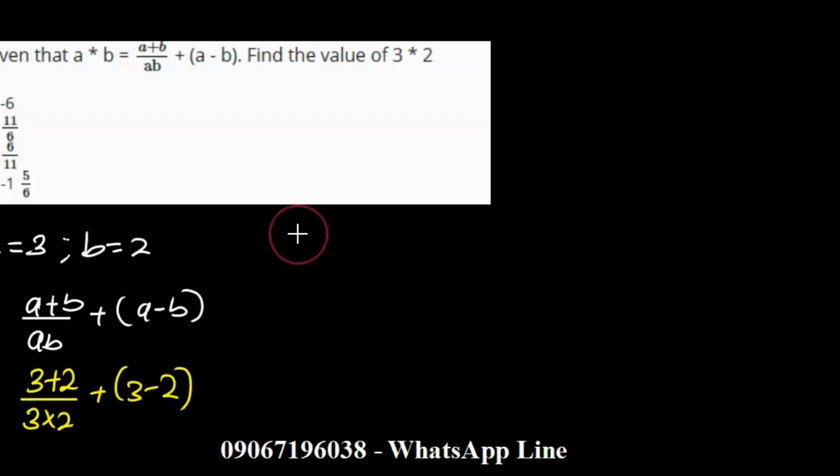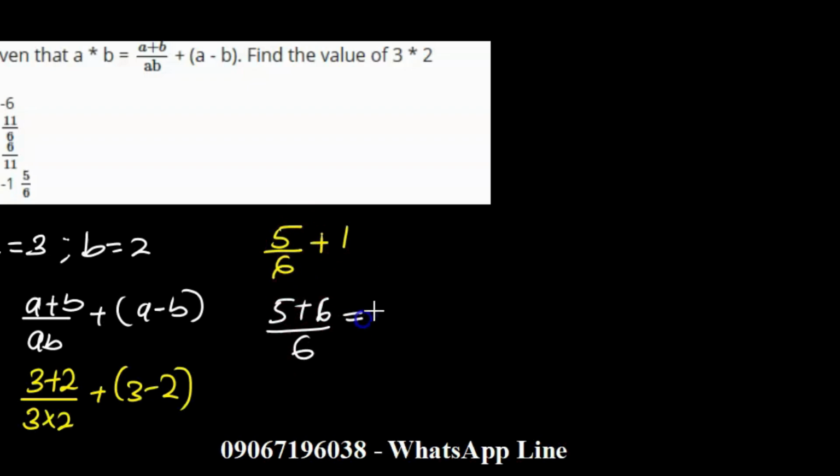Now we take that over here, that is going to give us 3 plus 2 is 5. It's going to give us 5 over 6 plus 1. So moving up here, look for the LCM. This is going to be 5 plus 1 over 6. So this is 6 times 1 is 6, then plus 5 all over 6.